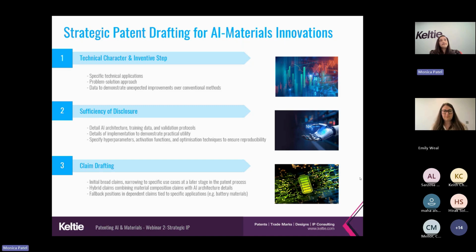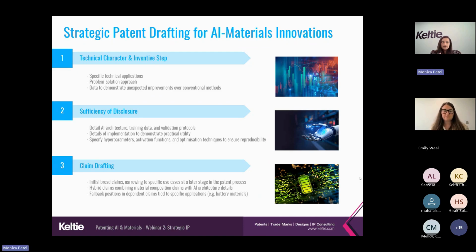And specifying hyperparameters, activation functions, and optimization techniques. And those points are there to ensure reproducibility, so that would enable the skilled person to put the invention into practice. So that's a level of detail that we might need to include as part of the detailed description when drafting a patent application.